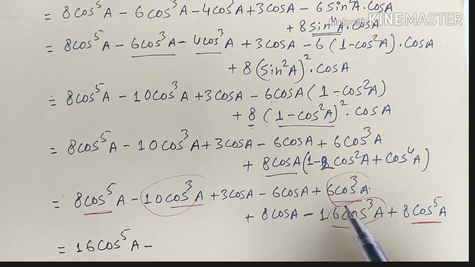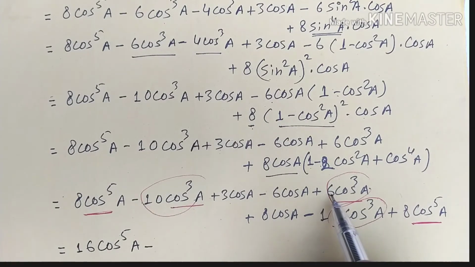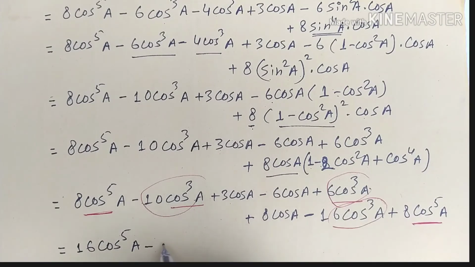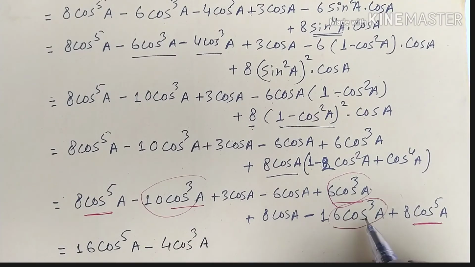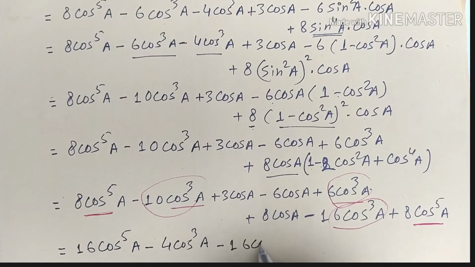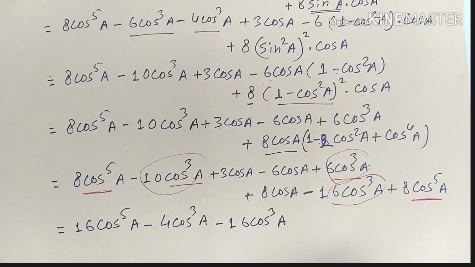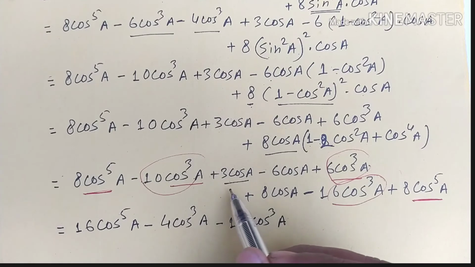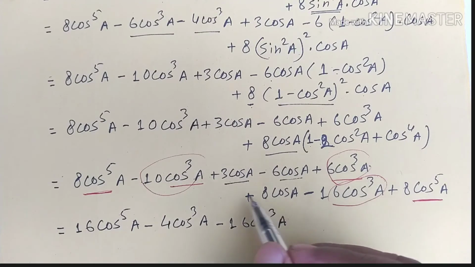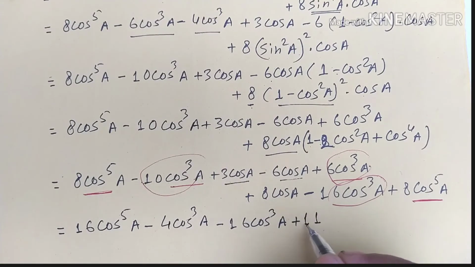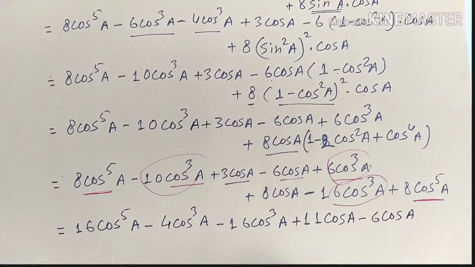Now you can see that here is minus 10 cos cube a, here is plus 6 cos cube a, that will be minus 4 cos cube a, and here is another term minus 16 cos cube a. And you can see that 3 cos a, 8 cos a, if you add 8 plus 3 you will get 11 cos a minus 6 cos a.